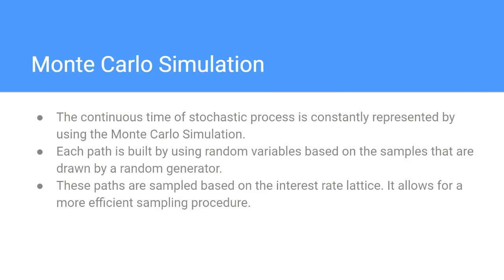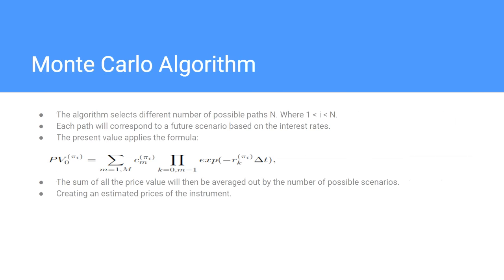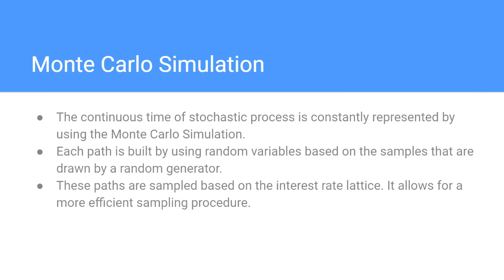To talk more in depth about the Monte Carlo simulation, you start from a single node and you start to develop your random variables or random paths that could possibly happen. And you start to compute based on these random paths.